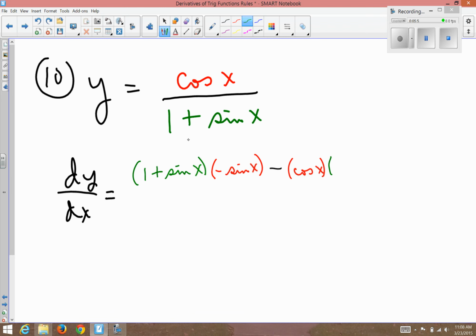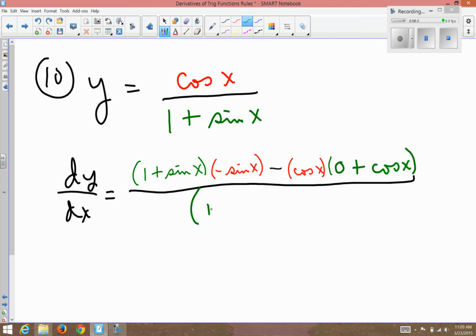The denominator, which is green, times the derivative of the numerator minus the numerator times the derivative of the denominator. The derivative of 1 plus sine x is 0 plus cosine x. The derivative of 1 is 0 because 1 is a constant. The derivative of sine x is cosine x. All over the denominator squared. So there's the quotient rule.